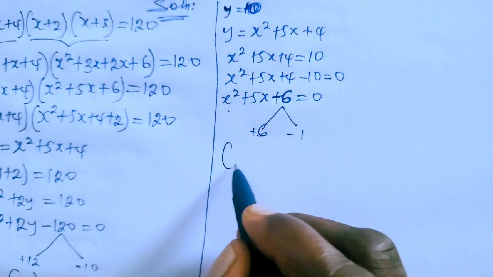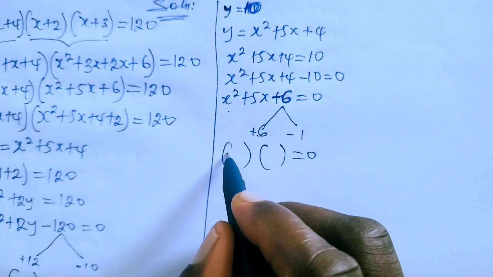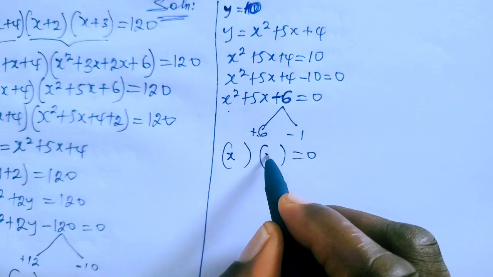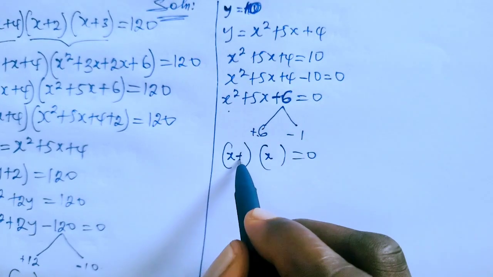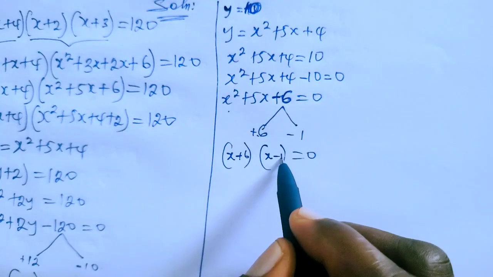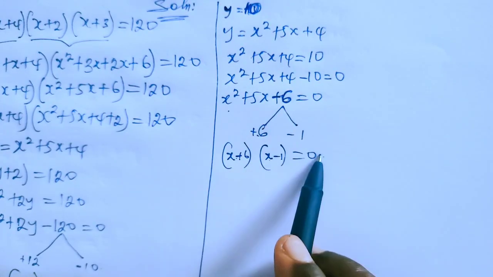Now open two brackets like this equal to 0. Since it is x squared, insert x here and another x here. Introduce each of these factors into each bracket, insert plus 6 here and minus 1 here. Then either this bracket equals 0 or this one equals 0.